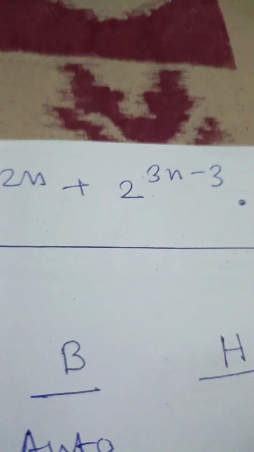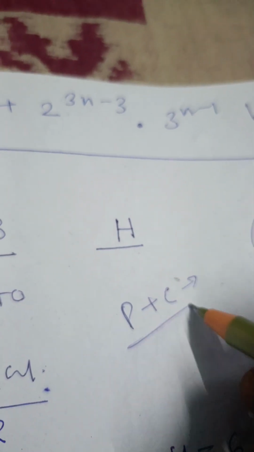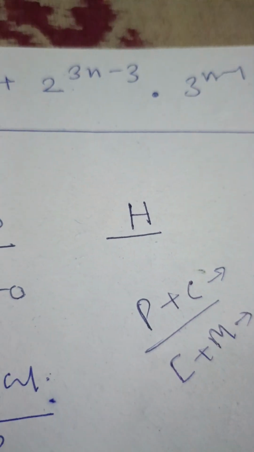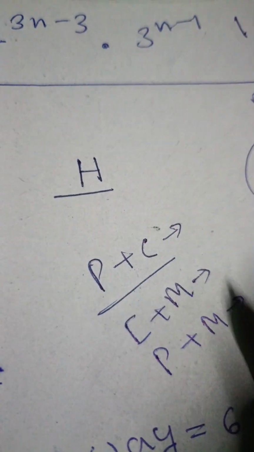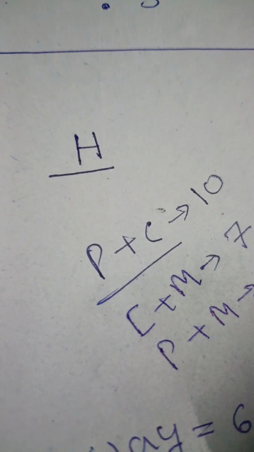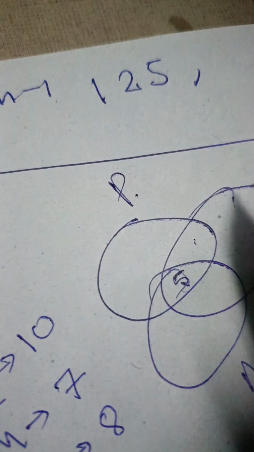Now the given data is the students who studied physics, chemistry, maths. The data will be given in the question. So physics plus maths, how many students are there? Suppose 10, 7, 8. Okay, so the next step, we have to write how many students are there.